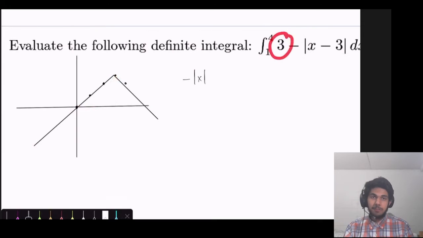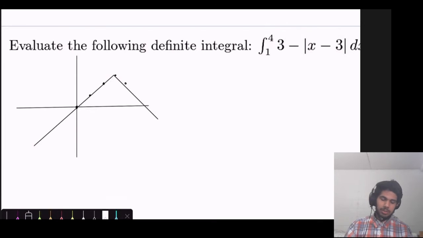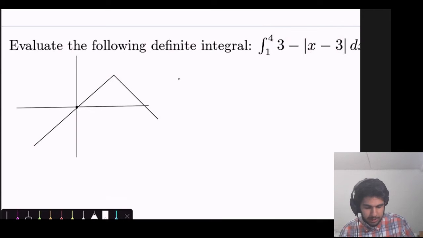So this shifts it upwards by 3 and this shifts it to the right by 3. That's the better way of thinking about it, but in case you're not too comfortable with that, this is a fine way of doing it as well, though you want to ensure that you're correct about what you're drawing. Okay, so that's sort of our drawing, and we should probably define our function piecewise.